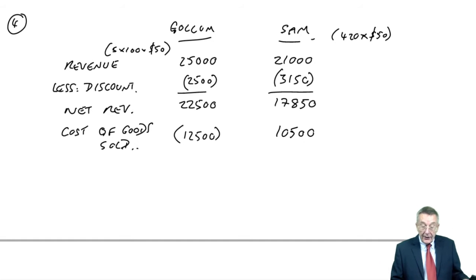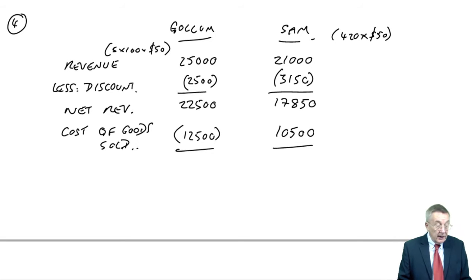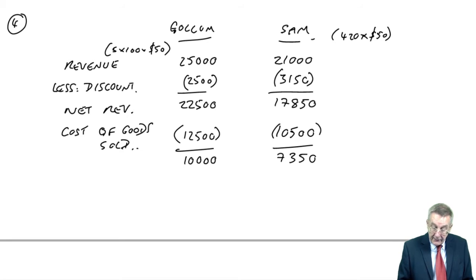And so before any other costs, we seem to be making a gross margin of 10,000 in the case of Gollum, and of 7,350 in the case of Sam.